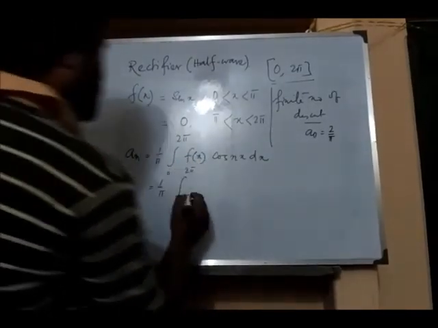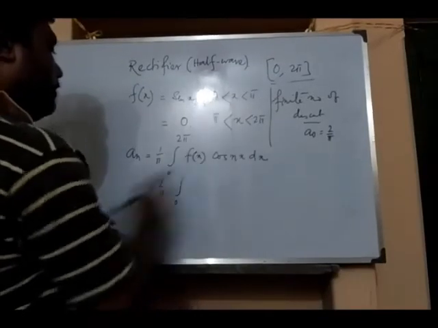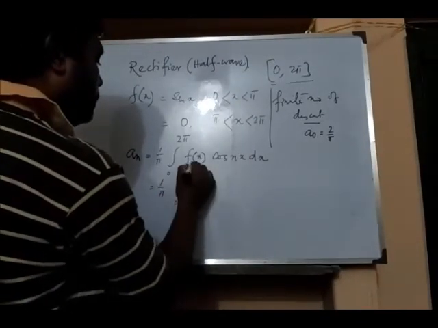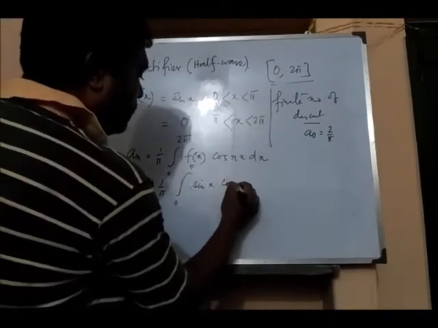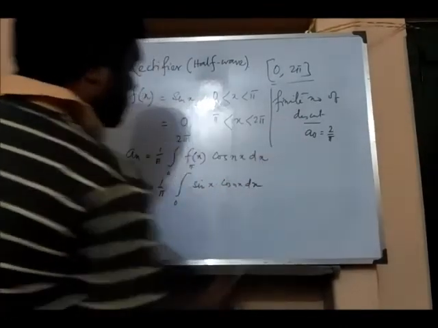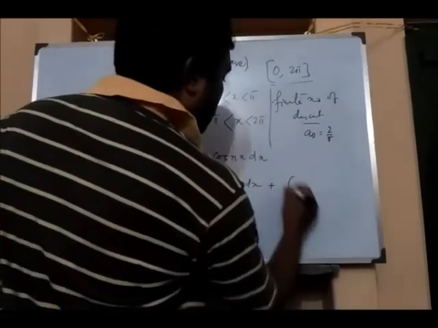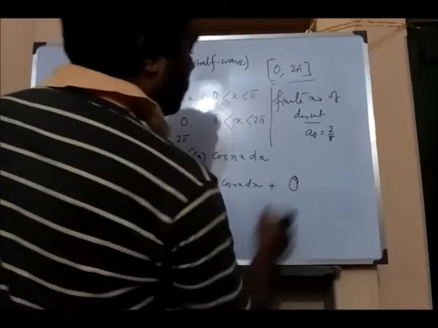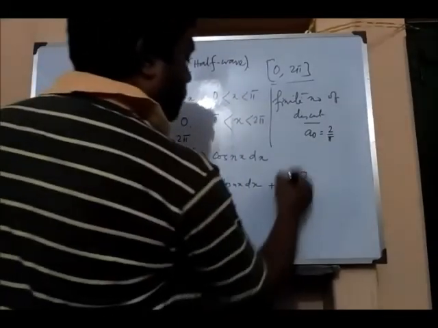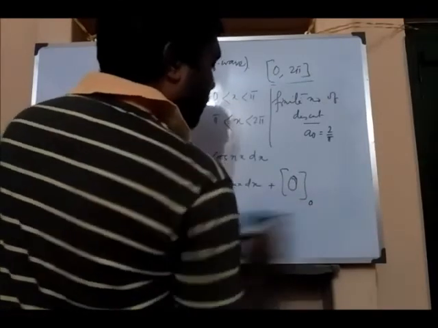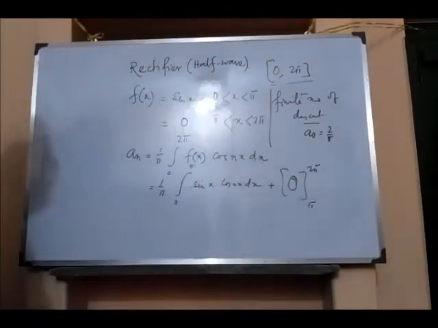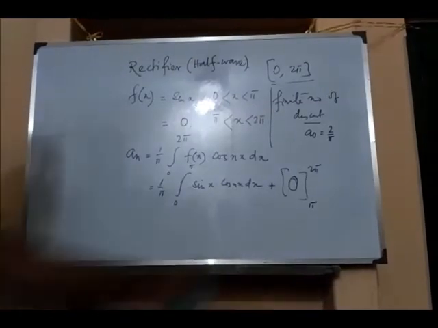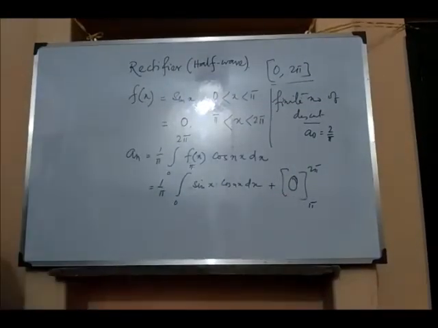Put f(x) as sin x for the 0 to pi limit, you will get sin x cos nx dx, plus the other part from pi to twice pi. Okay, so this becomes 0.